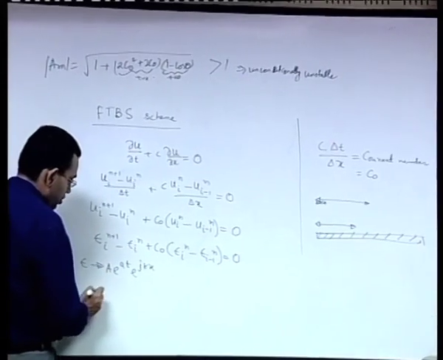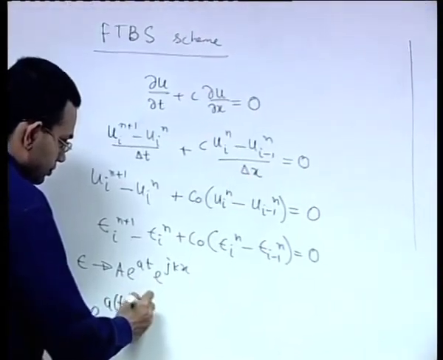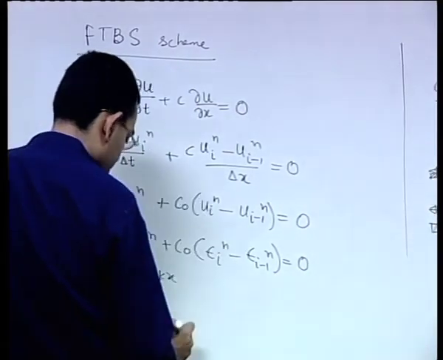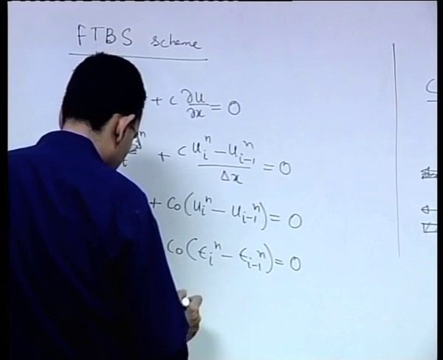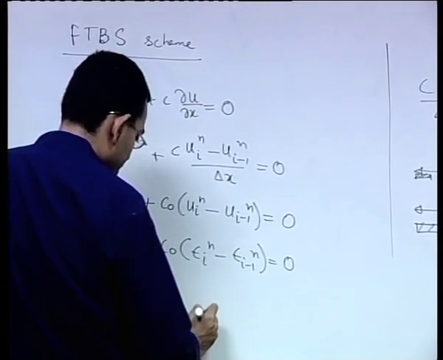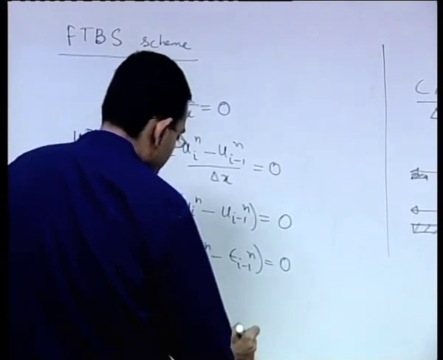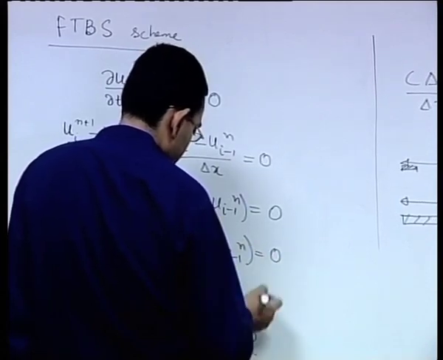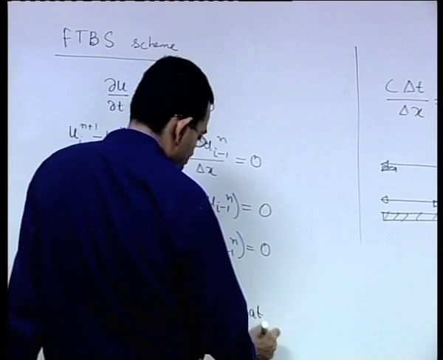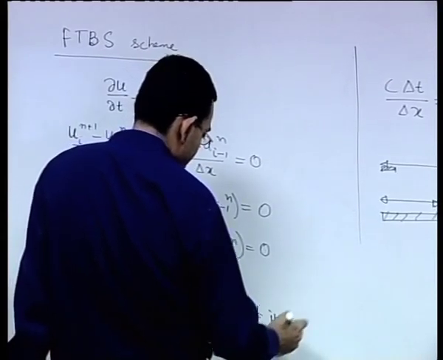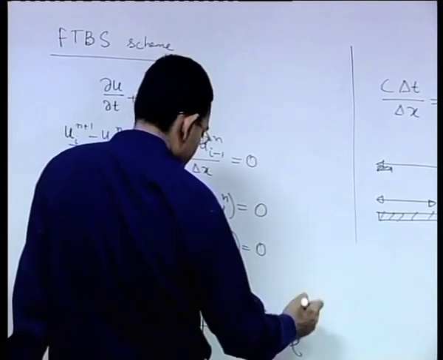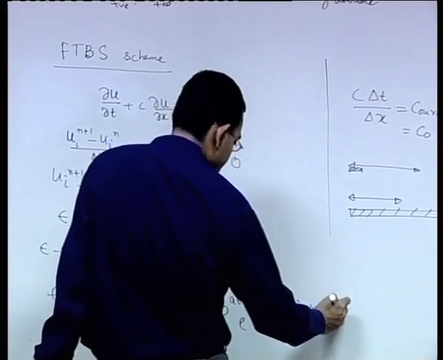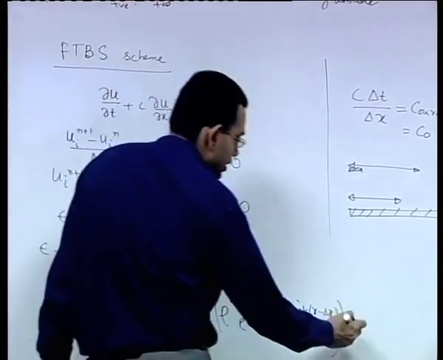So e to the power a (t plus delta t) into e to the power j k x, minus e to the power a t into e to the power j k x, plus Courant number times (e to the power a t e to the power j k x minus e to the power a t e to the power j k (x minus delta x)), that is equal to 0.